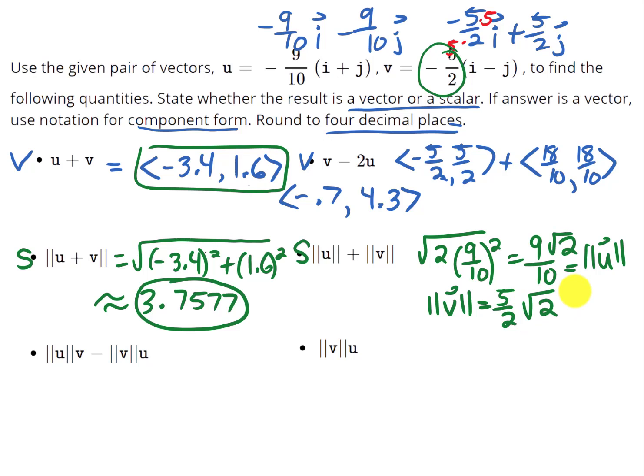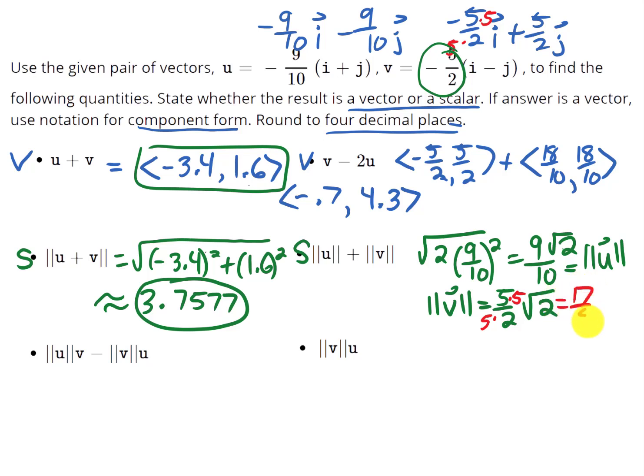Alright, and so what we want to do is add those two together. So in order to add those two together, we are going to again make this into tenths. So we have 25 tenths plus 9 tenths, and that is 34 tenths. And then we could put that in the calculator. So 34 tenths will reduce down to 17 fifths.